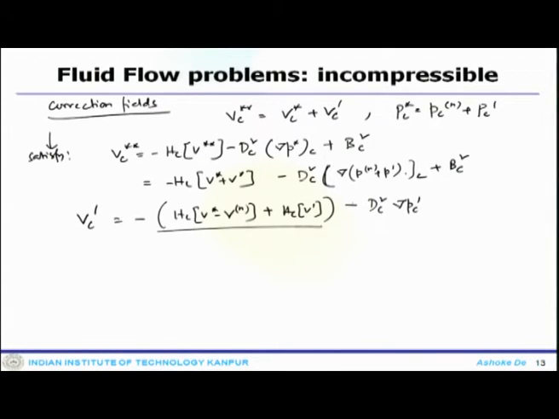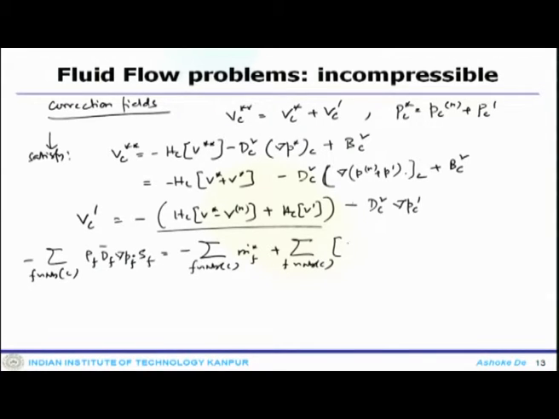So, if you substitute this in the continuity equation, you get back minus summation f NBC rho f Df delta Pf dot Sf equals to minus summation f NBC m dot star f plus summation NBC rho f Hf V star minus Vn plus H bar V prime dot Sf.